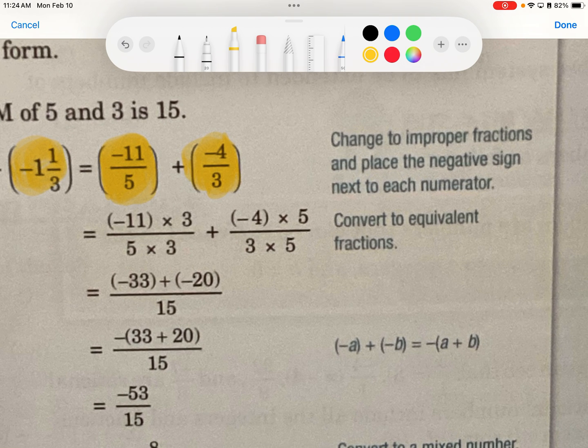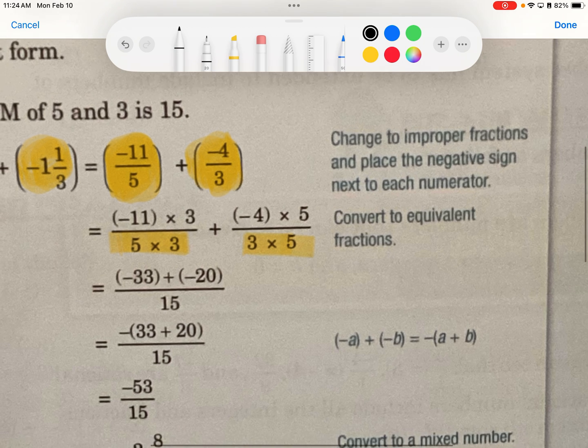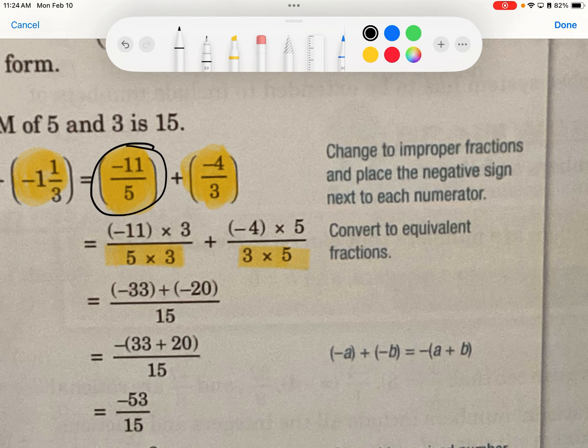And what we did is basically we're saying, okay, well, I know 5 and 3. The least common multiple of those is 15. There's no number before 15 that is a multiple of the two. And because I need this bottom number to be the same for -11/5, I'm going to multiply the top and the bottom by 3.